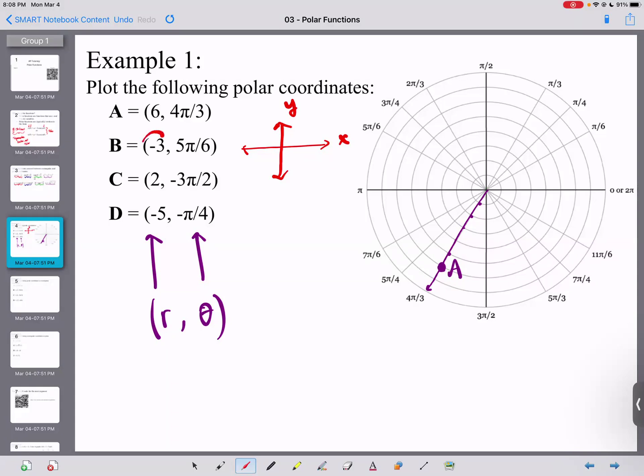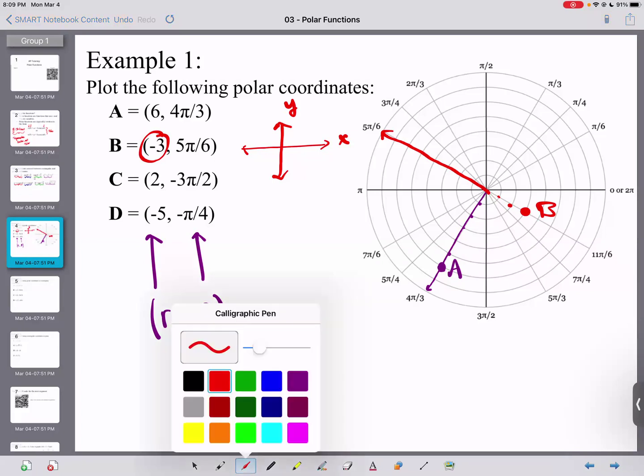What the negative means when the r is negative is that you don't go towards 5 pi over 6, you go away from 5 pi over 6. So here's what's called a vector pointing at 5 pi over 6. But if I have a negative 3, what I actually do is go 3 circles away from 5 pi over 6. So I don't go towards it. I go 1, 2, 3. This point right there would be point B.